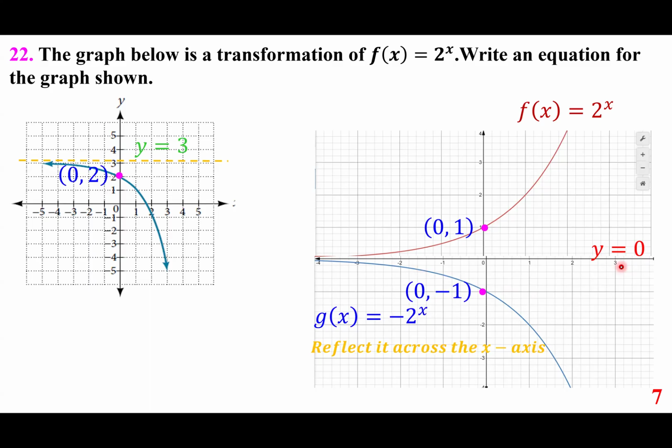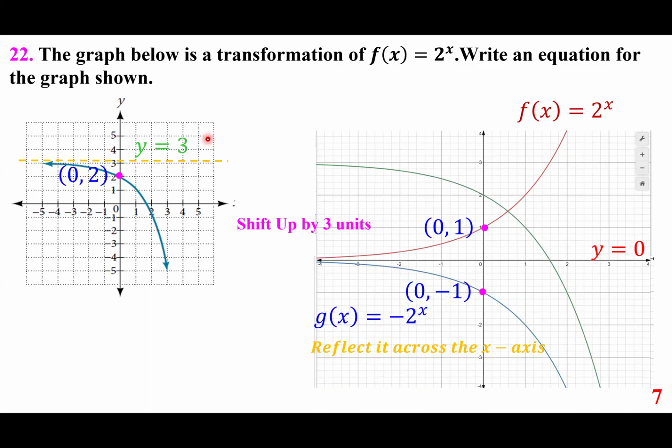Now, I hope you see that this looks like this, but y equals 3, that means shifted up by how many units? By 3 units. Let's go up by 3 units. And so y equals 3 is the new horizontal asymptote, and (0, 2) is the new y-intercept.